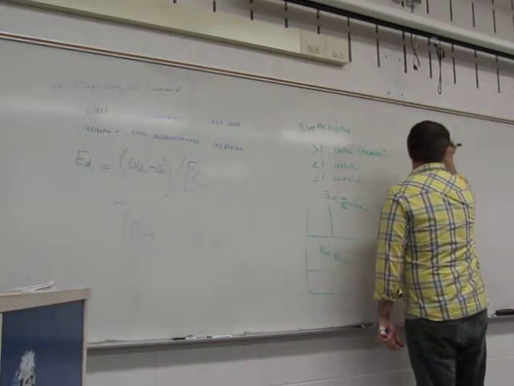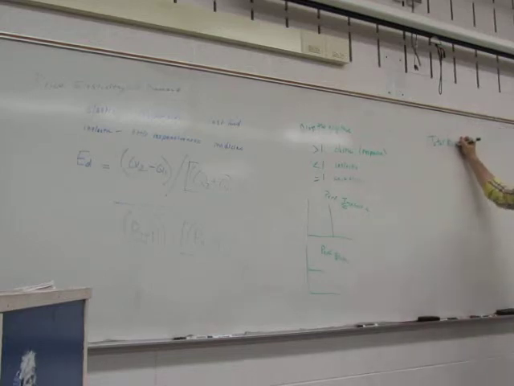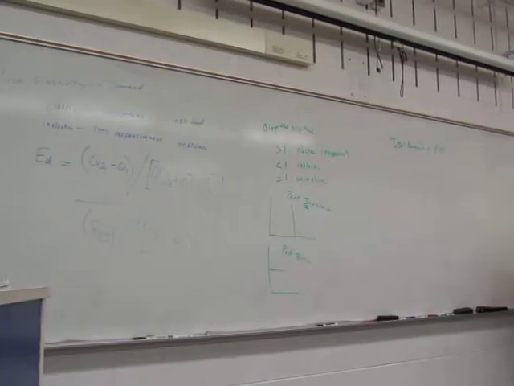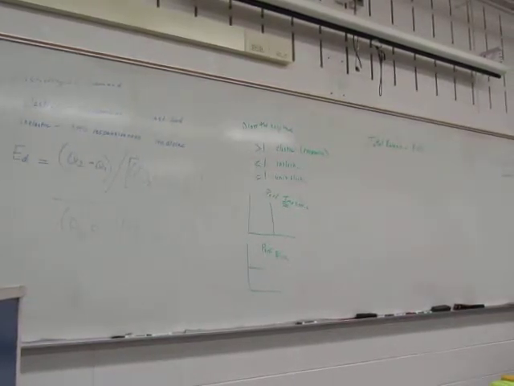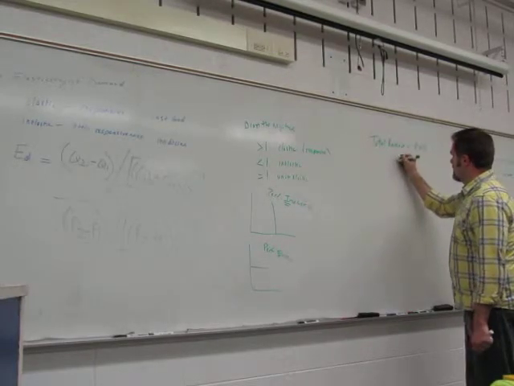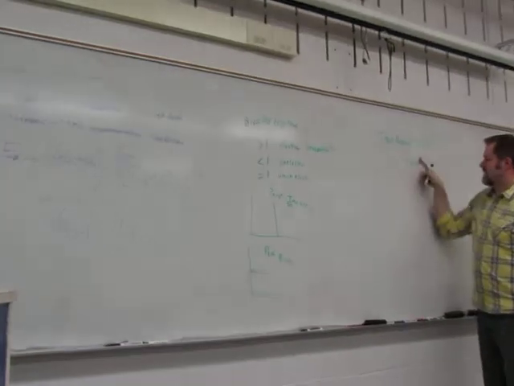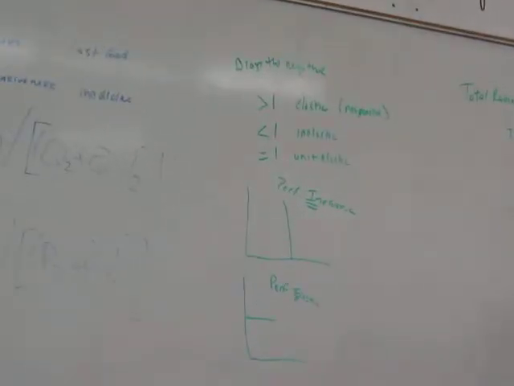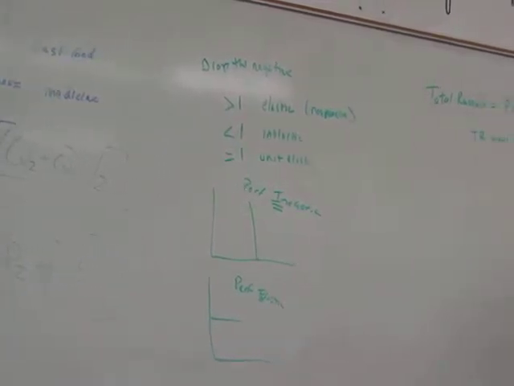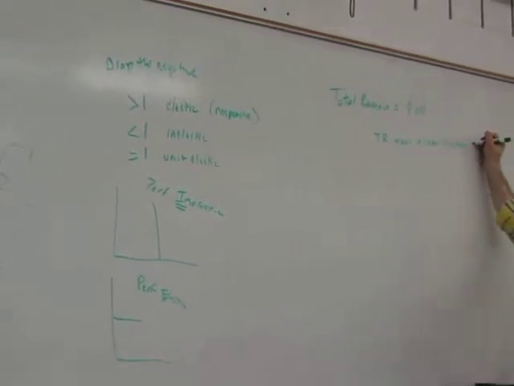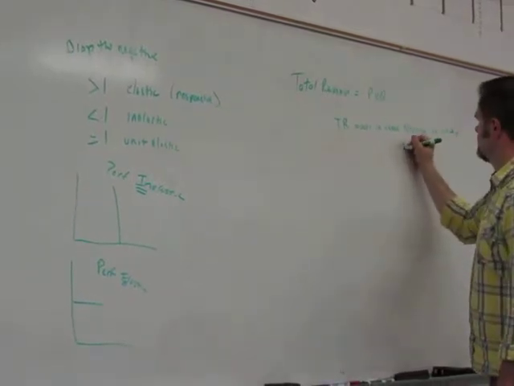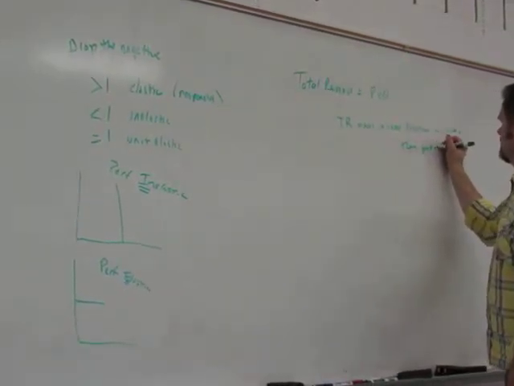Total revenue is simply price times quantity. So price times quantity gives you your total revenue, and then what we figure out in terms of elasticity is, if total revenue moves in the same direction as price, then the good is inelastic.